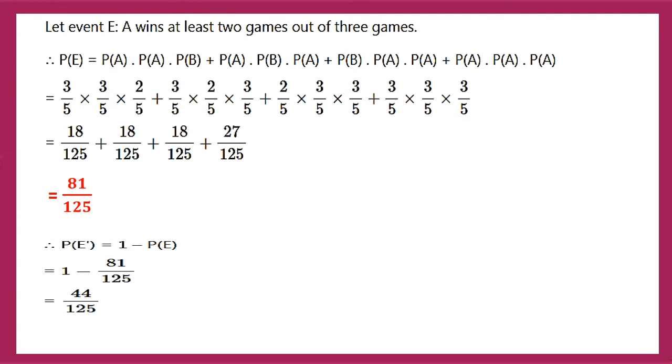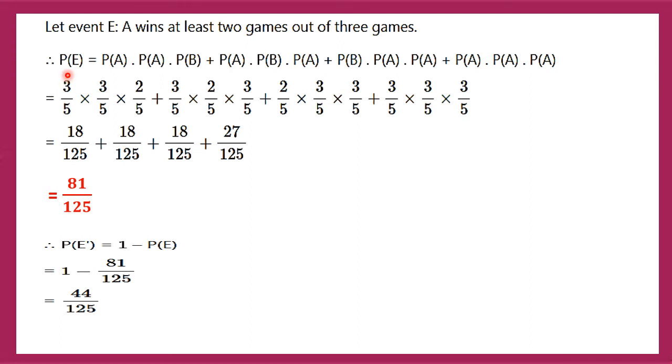Now we define the required event, that is event E, such that A wins at least 2 games out of 3 games. There are 3 games, then A wins at least 2 games. At least 2 means A wins 2 or 3.